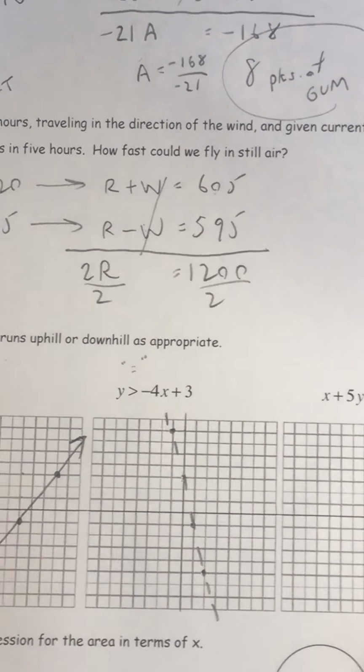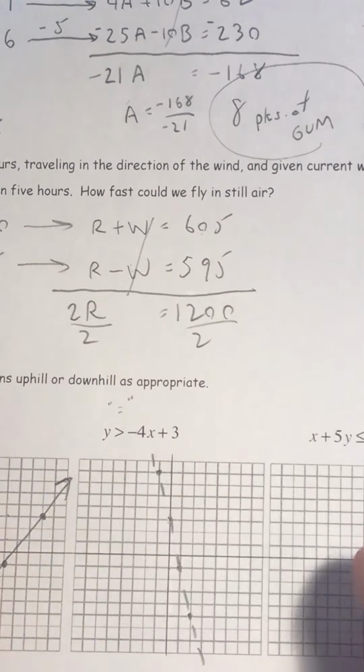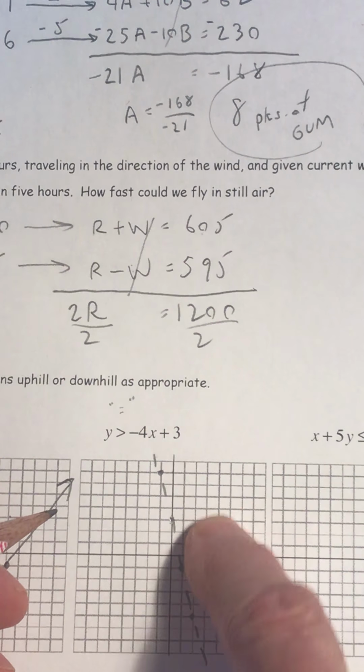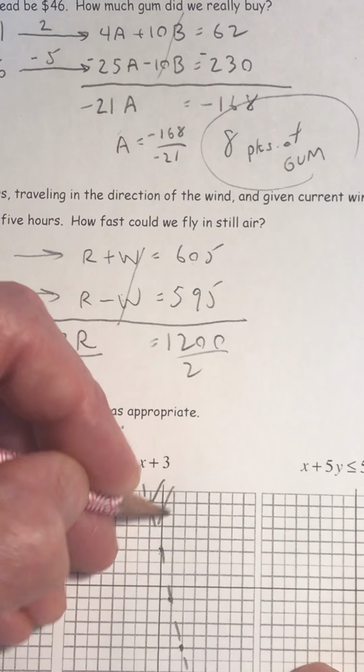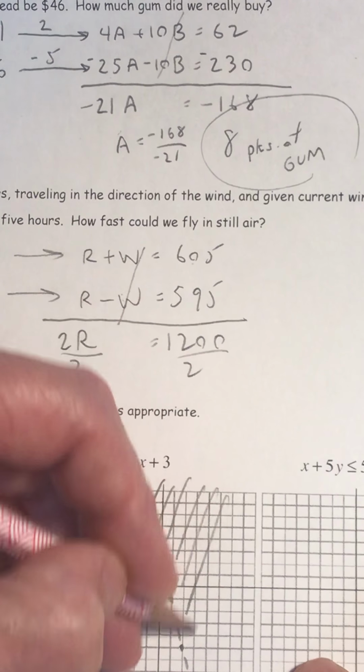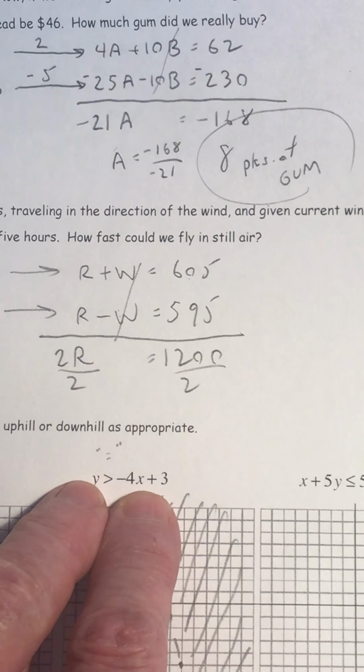And when it's in y-intercept form, if it says y greater than, you shade above. I know it's very slanted, but this is below, this is above. So we shade up here. All the points in this shaded area have an x and y value, so that if you would plug them in, this would be true.